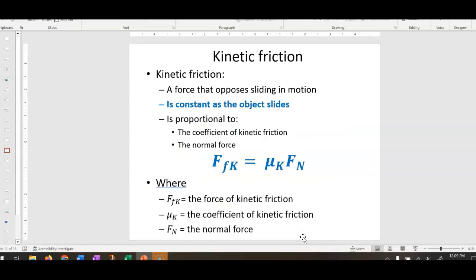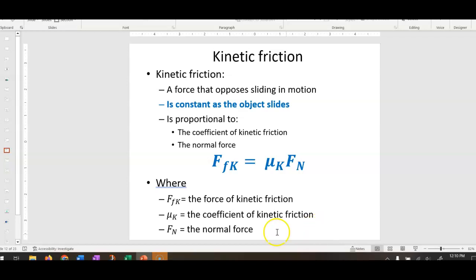Okay, once something is moving, you're in the realm of kinetic friction. And so kinetic friction is the type of friction that opposes sliding while the object is moving. And here is the equation for kinetic friction. It looks very similar to the previous equation for static friction, right?